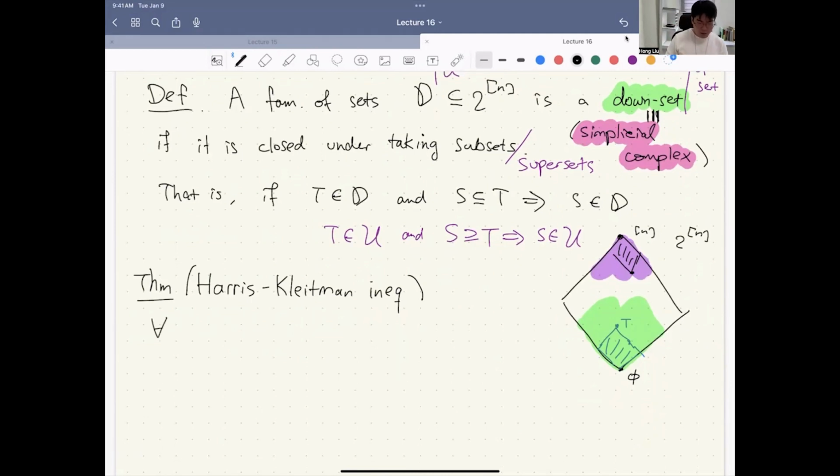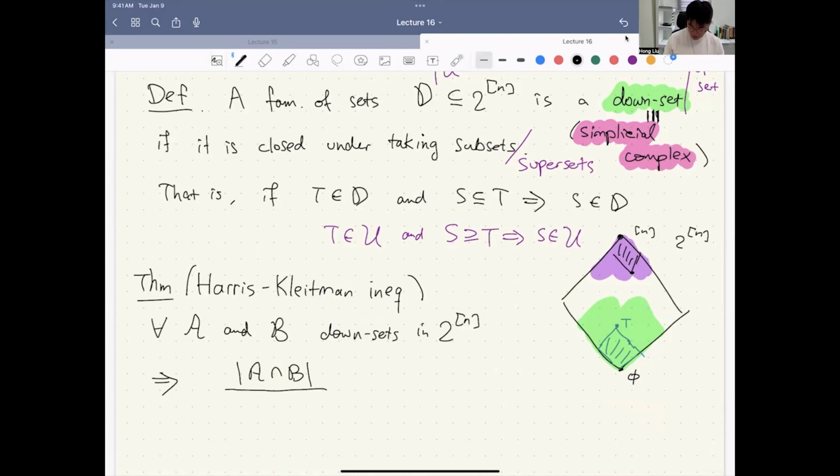For any family of downsets A and B, we have that the size of A intersect B, the sets that appear in both of them, divided by 2 to the n, is at least the cardinality of A divided by 2 to the n, times the cardinality of B divided by 2 to the n.